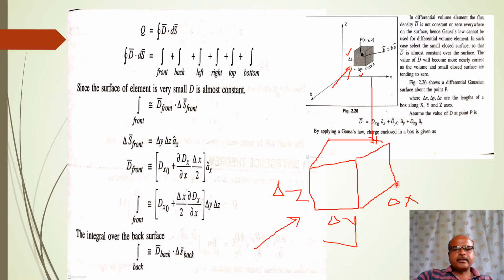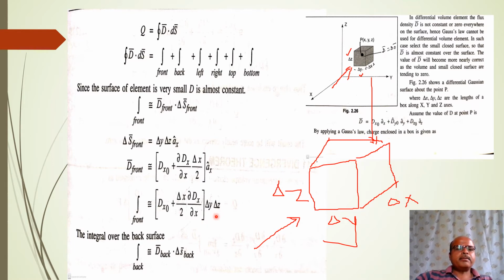As this total length is del x, then from the center, that is from central location point P, the half length is del x by 2. So here del x by 2 length is taken. So integral front is equal to dx bar, dx0 plus del x by 2, del x by 2 into dabba dx by dabba x into del y del z.